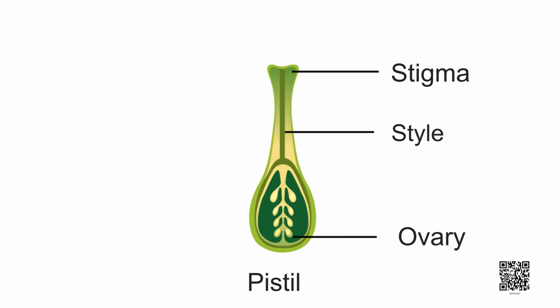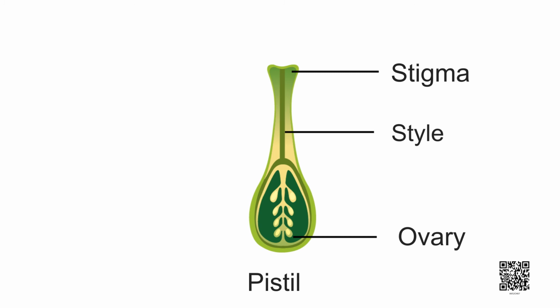It receives pollen grains during pollination. Style is a thread-like structure which connects stigma to the ovary. Ovary contains ovules which take part in reproduction and lead to seed production.